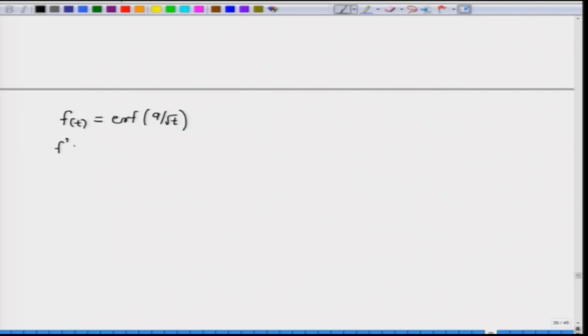So, the derivative of f of t will be f prime t equal to d by dt error function of a by root t, and we know d by dx of error function x is equal to 2 over root pi e to power minus x square.